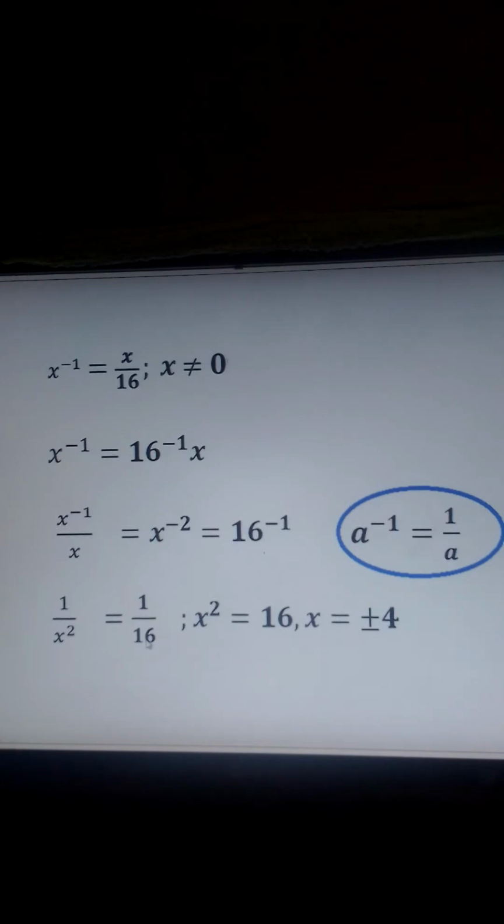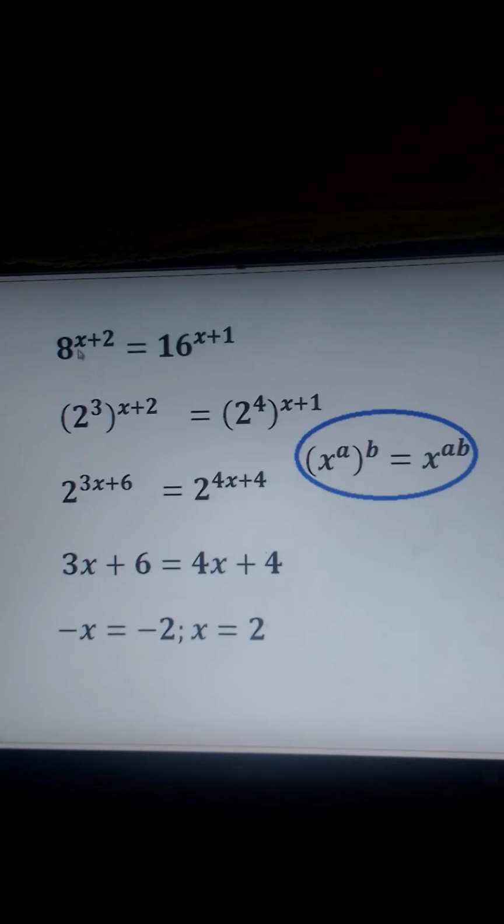So these two are equal, and we can equate the denominators. So x squared is equal to 16. To find x, you find the square root of x squared and that of 16. So x is equal to plus or minus 4 as the answer.